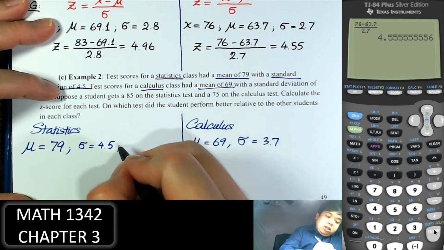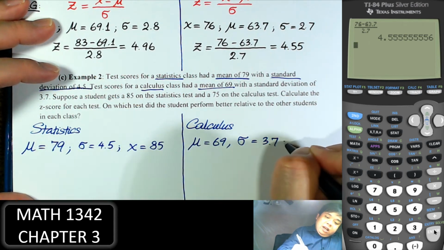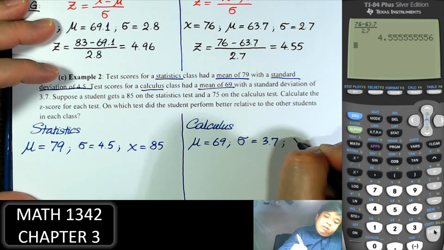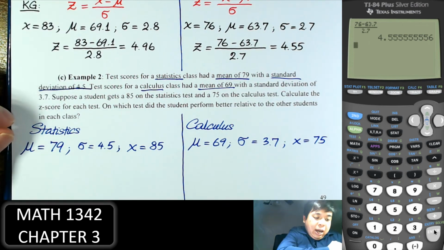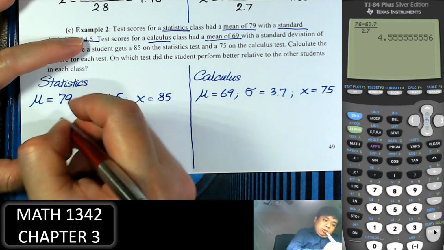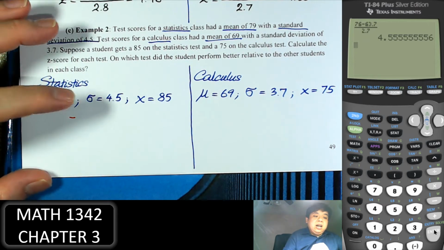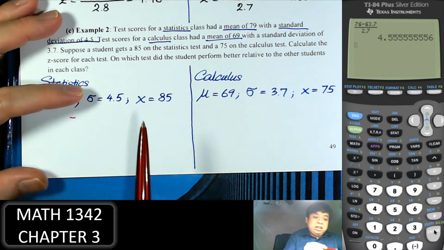Now suppose a student gets 85 on statistics and 75 on calculus. Calculate the z-score and determine which one is better. So z-score, again, the mean, standard deviation, and then that particular case is x.